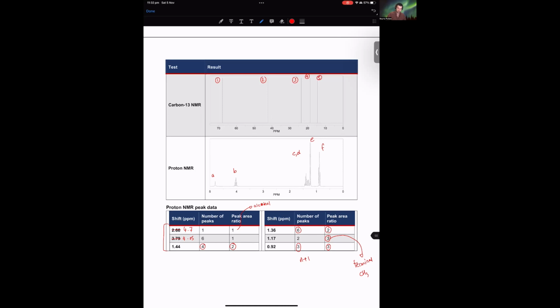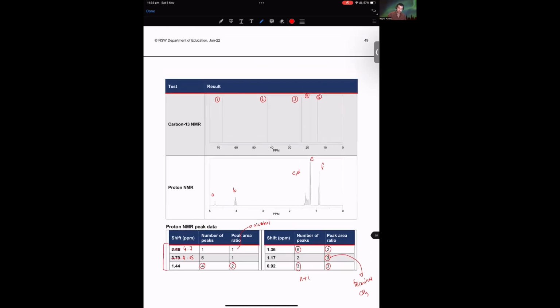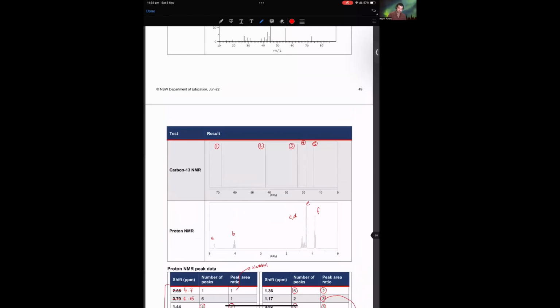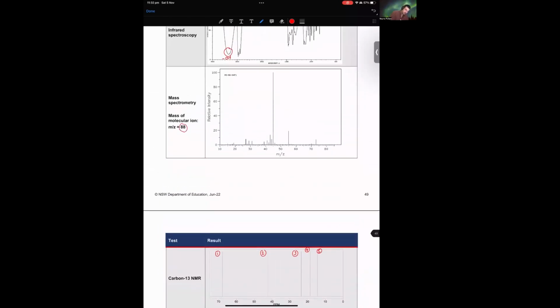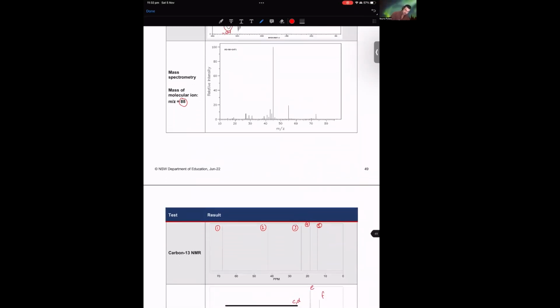So based off of what we've got here, we can then go to our mass spec and start to count this up. Because in the mass spec, we've got a molecular ion of 88. That's the mass that we're looking for. So let's say, as a trial and error, we've got 5 carbons. So we'd expect 60 from that. We know that there's an alcohol, so there must be 1 oxygen, which would account for 16.